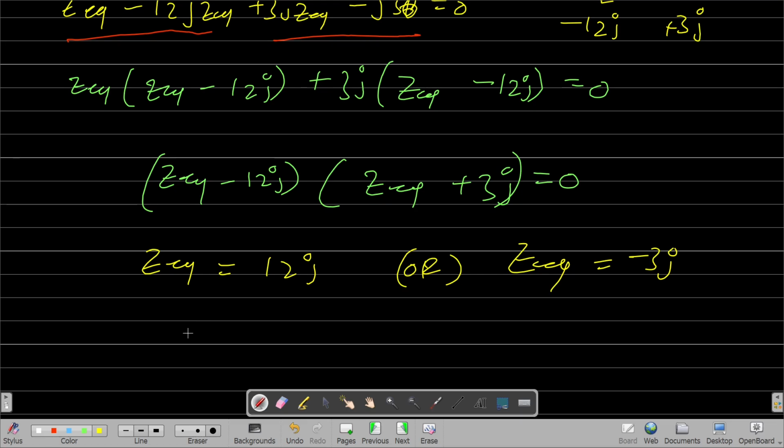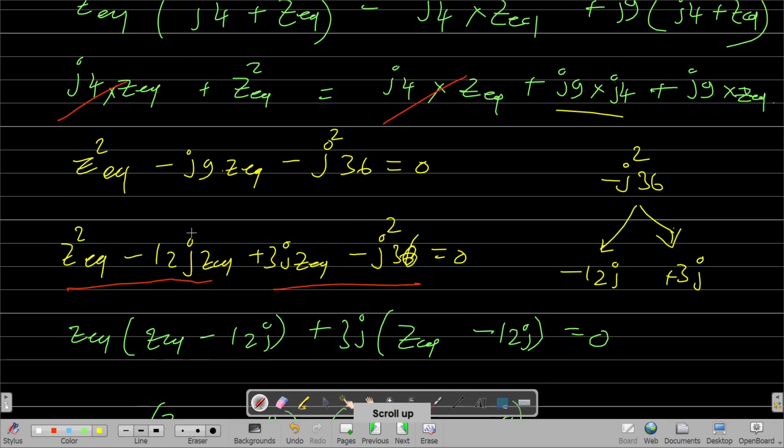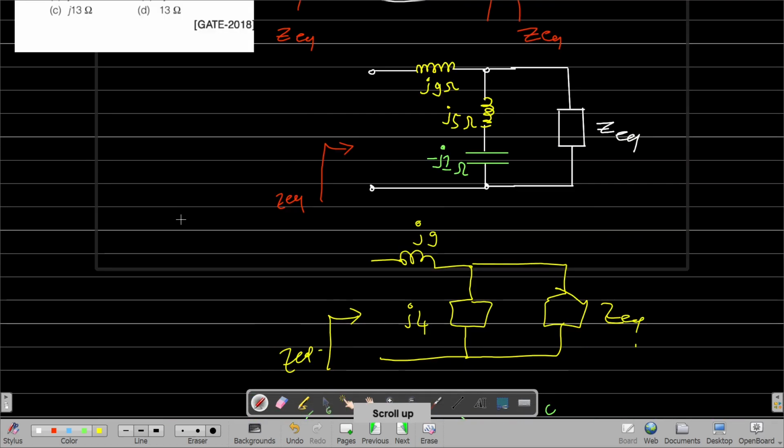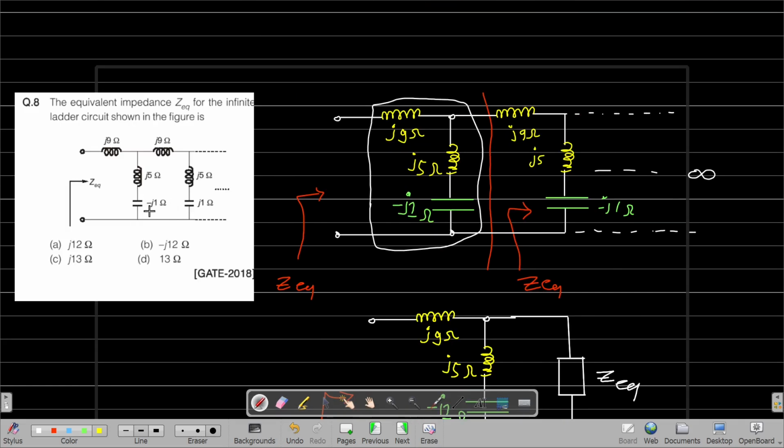If you look into our circuit, in our circuit there is a minus J1 capacitance, and all the remaining higher values are inductance. So the major value is inductance, so our circuit must be an inductive circuit. So in an inductive circuit, the J value will be positive.